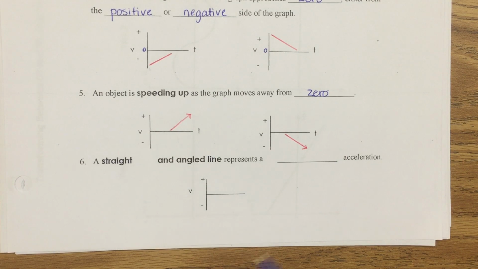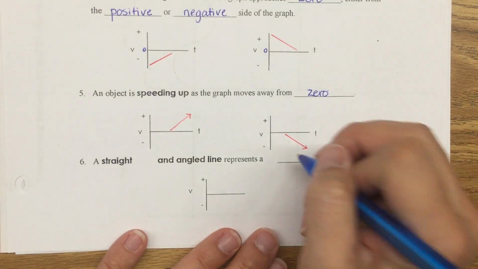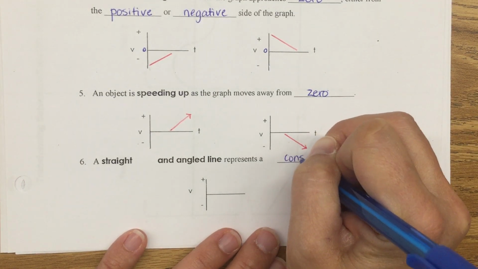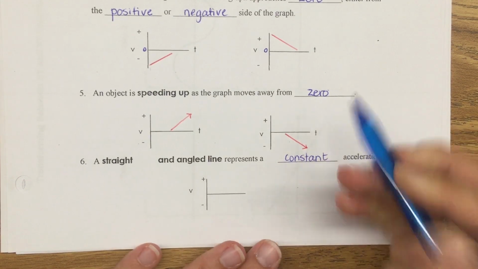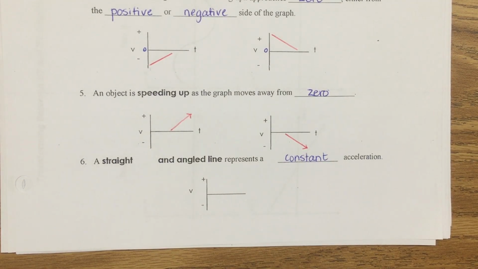A straight and angled line represents constant acceleration. So remember, the slope on a DT graph tells us velocity. The slope on a VT, velocity time graph, tells us acceleration.